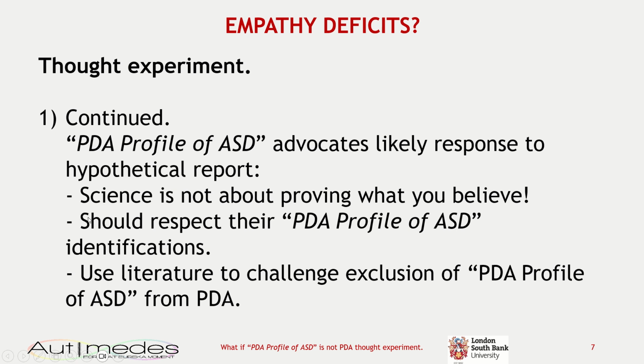And basically, people should be respecting PDA Profile of Autism identifications in addition to the report's PDA diagnoses, and likewise, literature would be used to challenge the exclusion of PDA Profile of Autism from PDA in this hypothetical report.